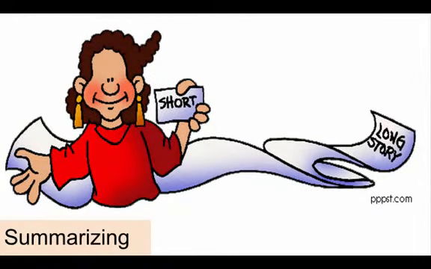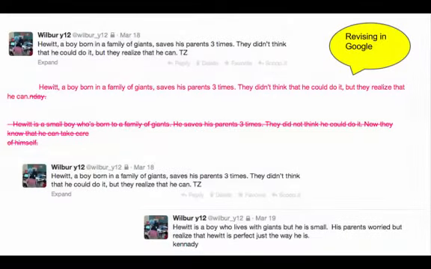Another activity that you can do for Twitter is to have your students summarize. Because Twitter is only 140 characters, students will work really hard to revise and edit their work so that it fits into that 140 characters if they know the end result is that they get to tweet their work. So here's an example. Last year I read a story with my fourth graders called Hewitt Anderson.